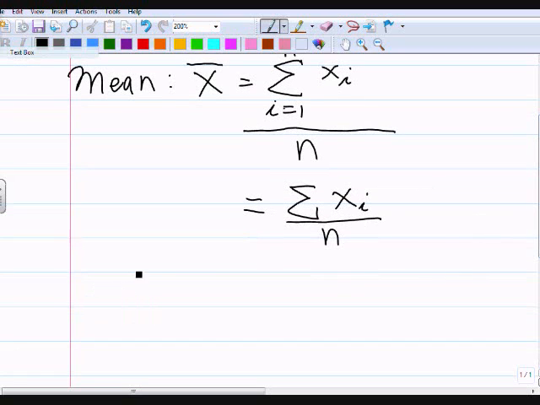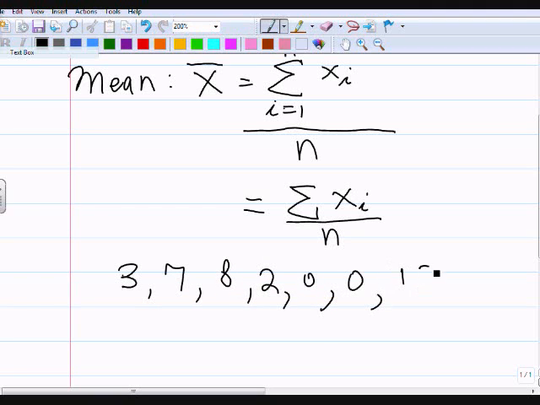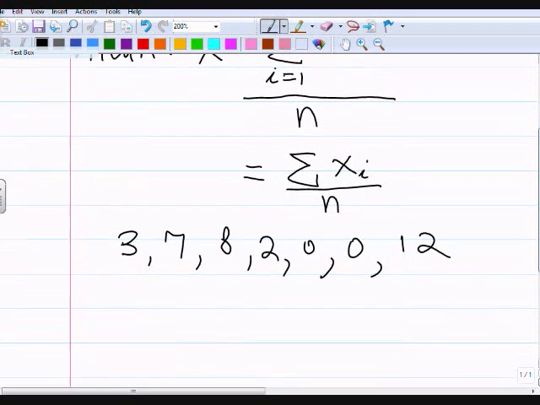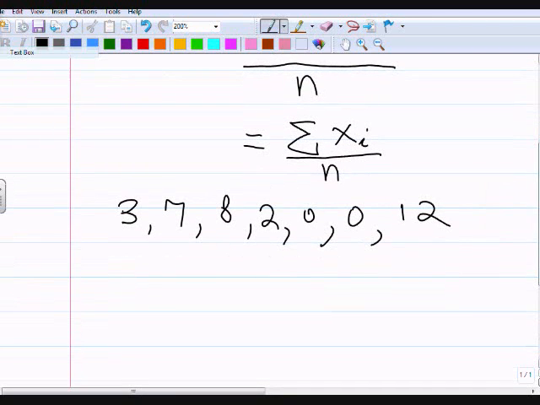maybe let's grab out your calculator and find the mean of 3, 7, 8, 2, 0, 0, 12. What is that sum? 32.